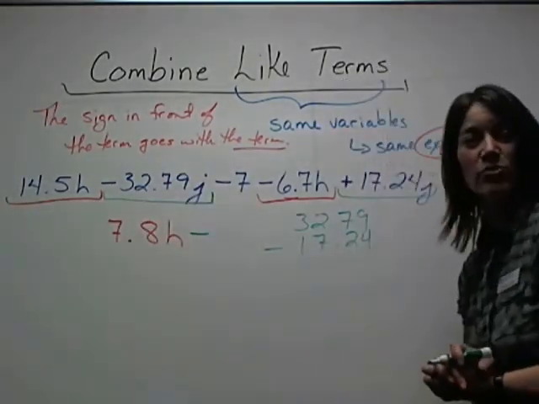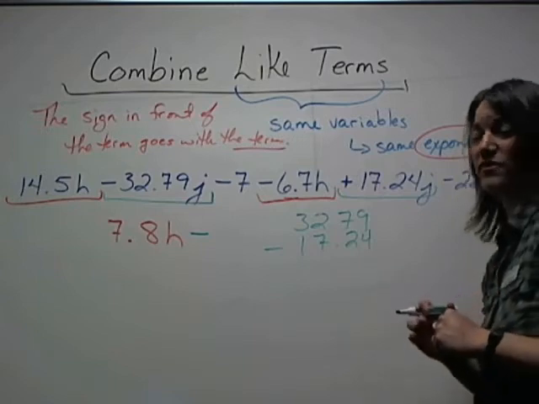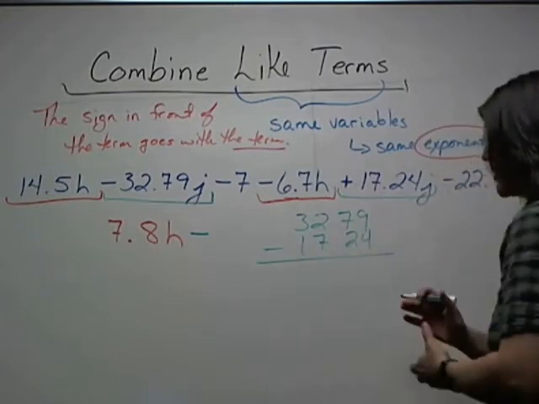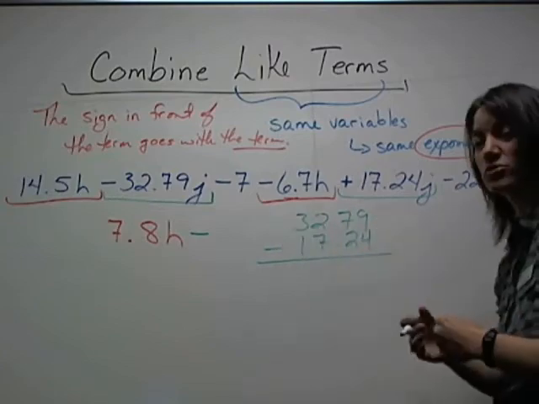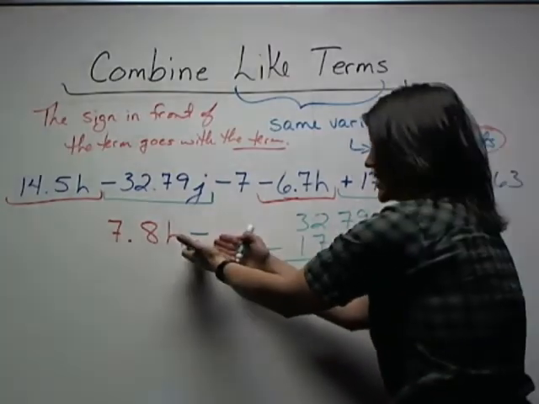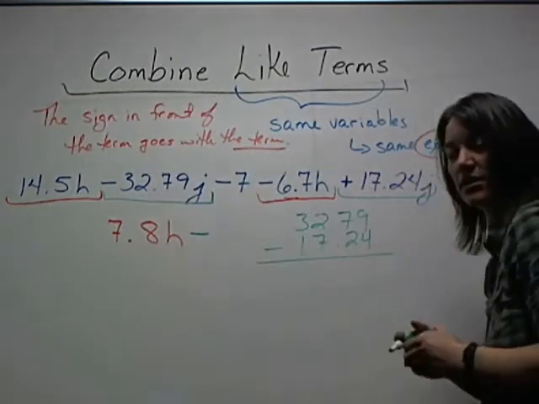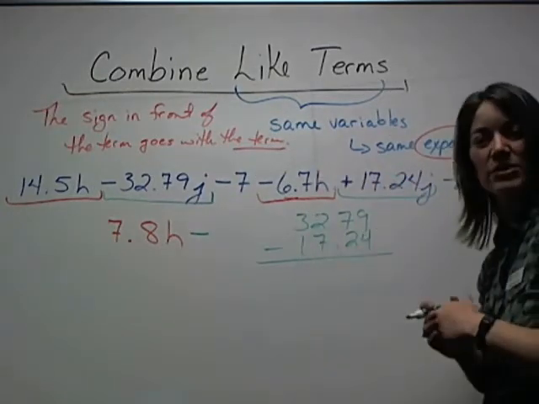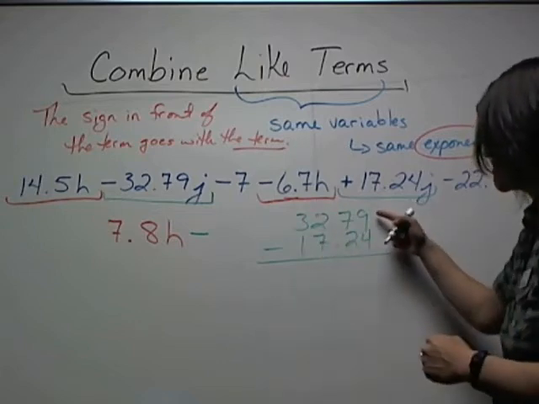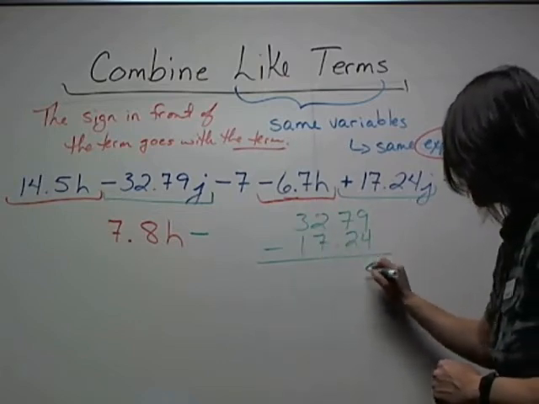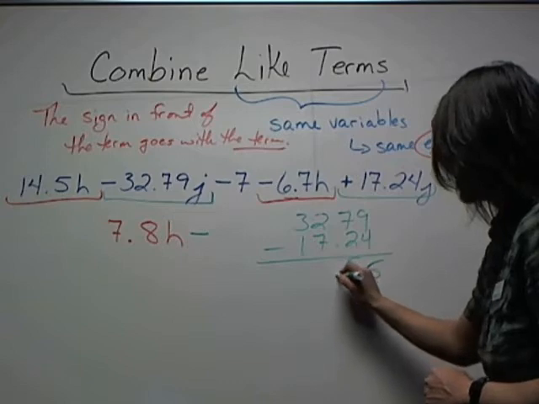So I'm just going to put the subtraction sign right there, because I know that that's what my answer is going to be. And now I just have to worry about my subtracting. We always subtract a smaller number from a larger number. The result might be negative because we started with a negative, but we don't put the 17 on top and try to take 32 away from it. We always start with the larger number on top. So now we subtract, and we have a 5 and another 5 and a decimal.